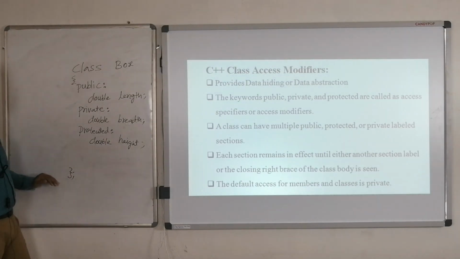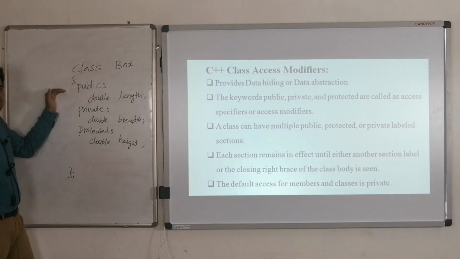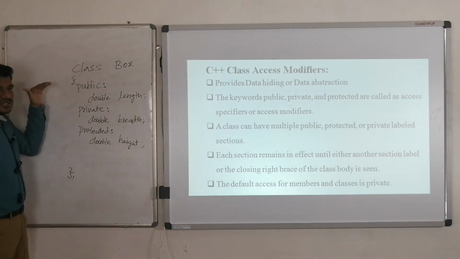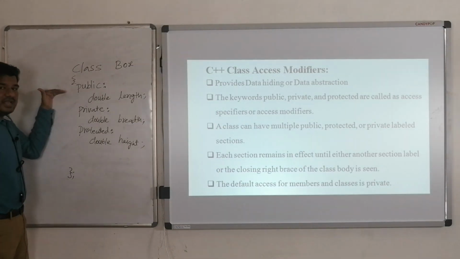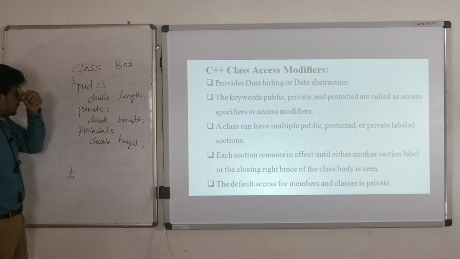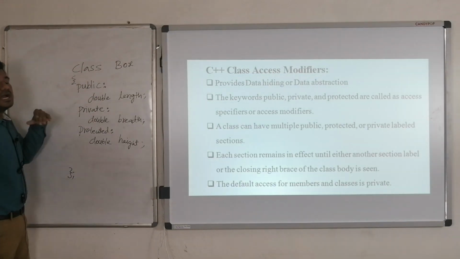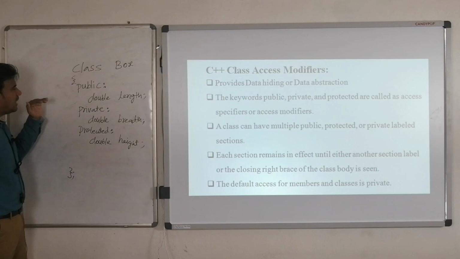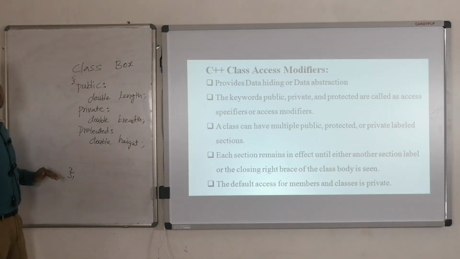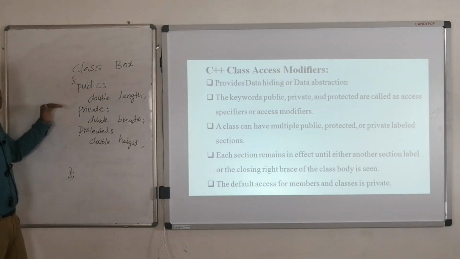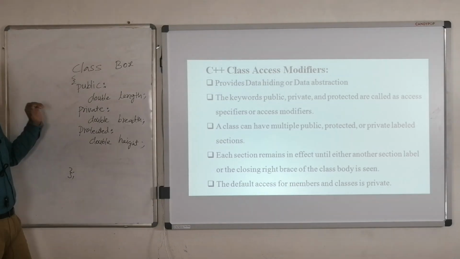So you have to remember the scope: when you are specifying a specific type of access modifier, immediately the scope of that access modifier is going to start, and ending is going to happen because of two reasons. Either you are using a different type of access modifier or you are encountering a closing bracket. Because of those two reasons, the access modifier's scope is going to end.